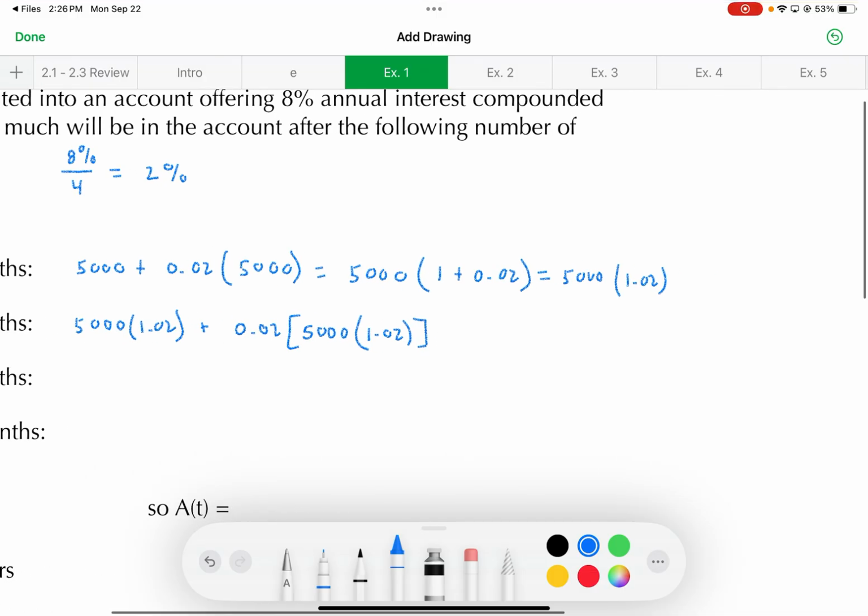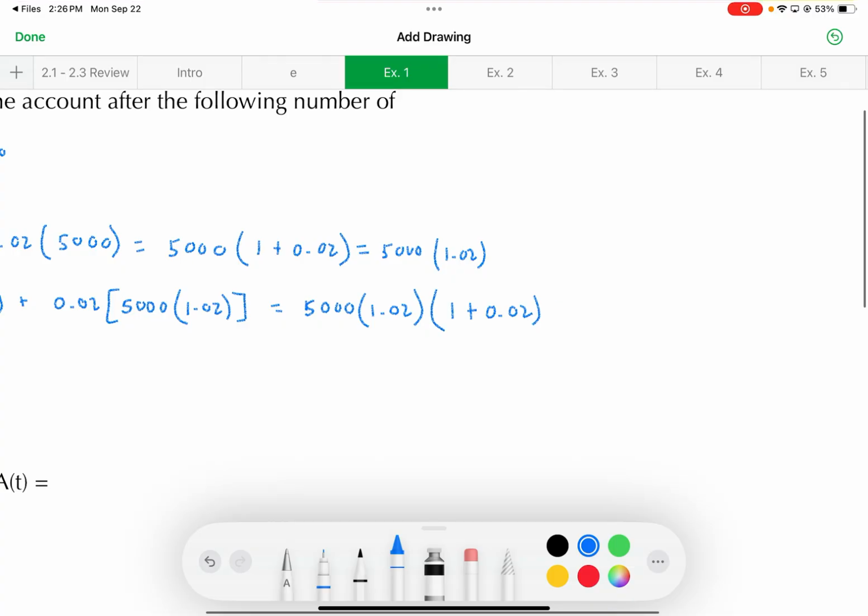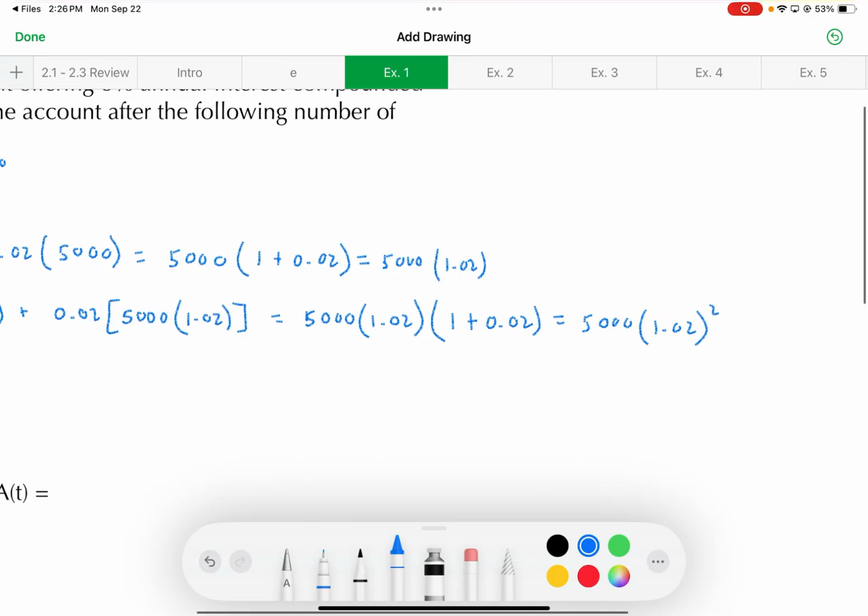Okay, so now there's the GCF of 5,000 times 1.02. I've pulled that out. And what am I left with? 1 plus 0.02, which I can simplify now to 5,000 times 1.02 squared.